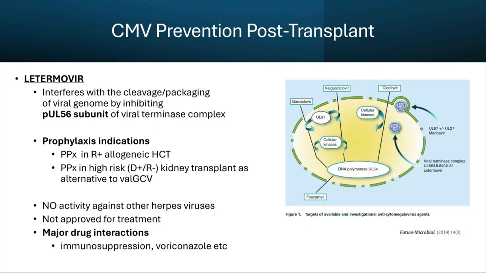So again, if you have a patient on letermovir, you need to have them on prophylaxis for HSV and VZV. It has major drug interactions with immunosuppressant drugs, voriconazole, and a long list of drugs. So you have to work with the pharmacist to make sure that you adjust any other medications when your patient goes on letermovir.